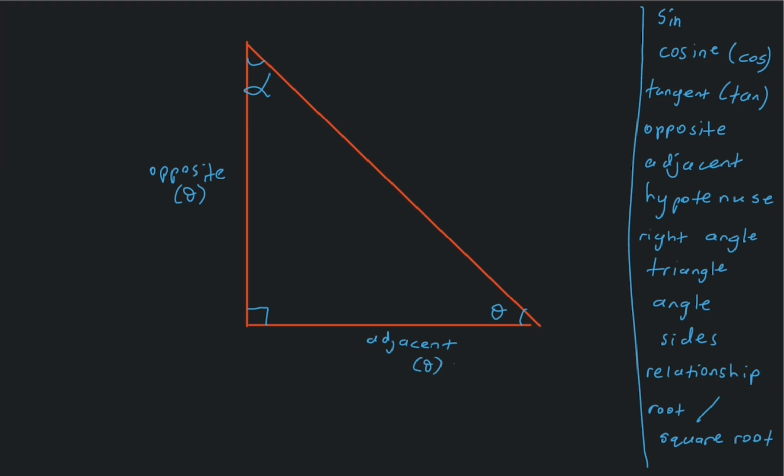Good. Now let's call the adjacent side x and let's call the opposite side y, and this is our hypotenuse. Let's call it r, okay? Beautiful. Now what is sine of theta?